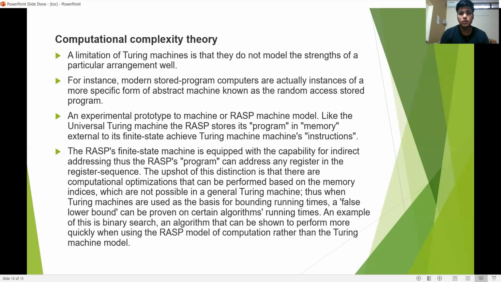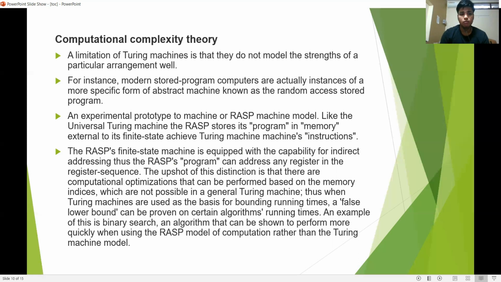The upshot of this distinction is that there are computational optimizations that can be performed based on the memory indices, which are not possible in a general Turing machine. Thus, when a Turing machine is used as the basis for bounding running times, a false low bound can be proven on certain algorithms' running times.